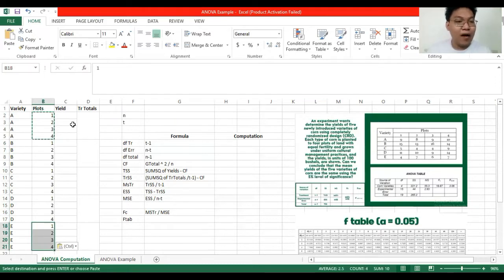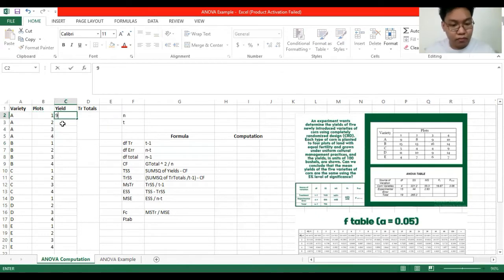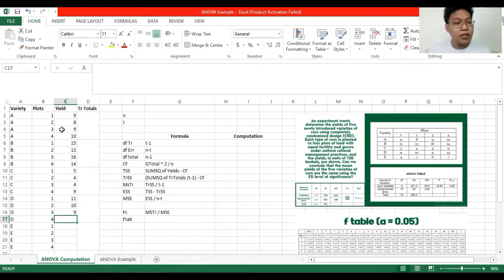Yeah. So after that, I will input the results, which are indicated here in our table. So it is 9, 8, 9, 10, 15, 13, 16, 14, 5, 4, 4, 9, 11, 10, 9, 9, 14, 4, 7, 6, 7.